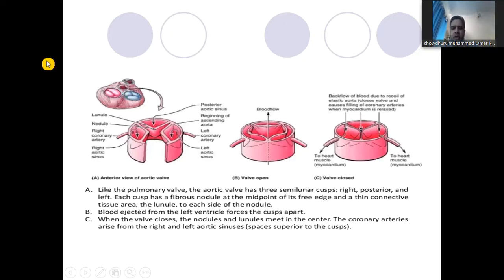Blood ejected from the left ventricle forces the cusps apart, and when the valve closes, the nodules and lunules meet in the center, and backflow of the blood occurs.